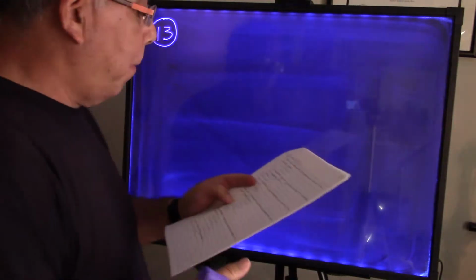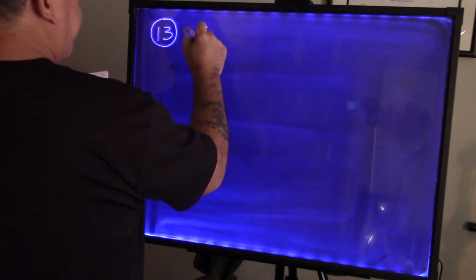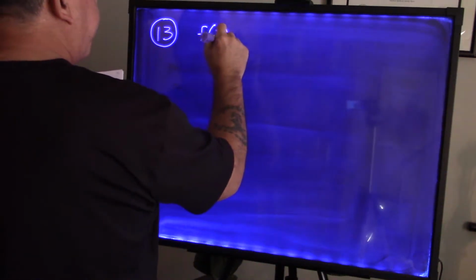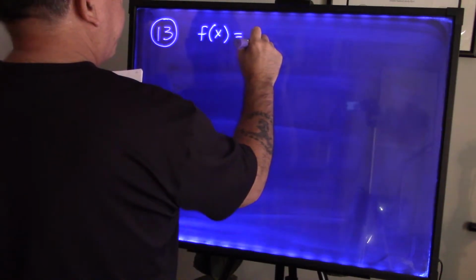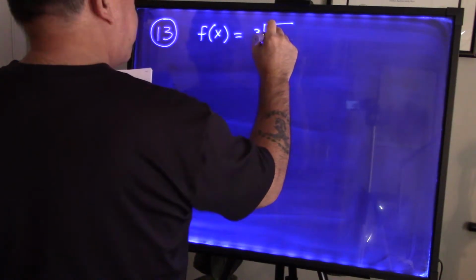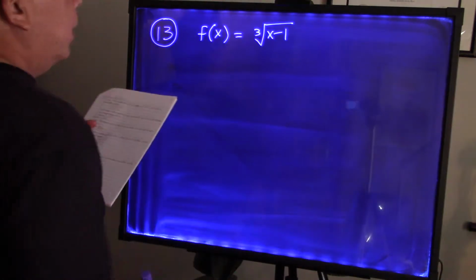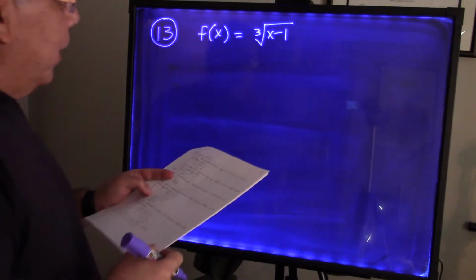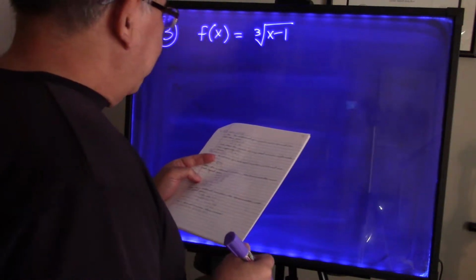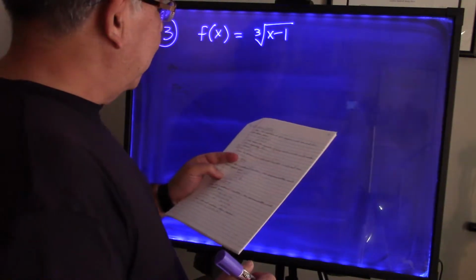Okay, number 13. F of x is the cube root of x minus 1. So, a cube root is defined for all real numbers, all right?